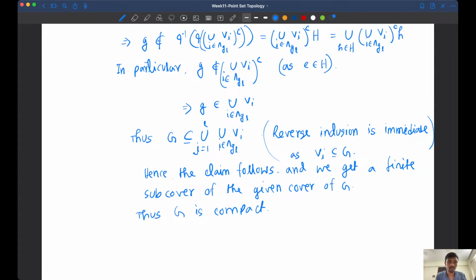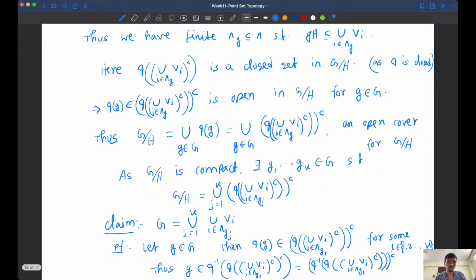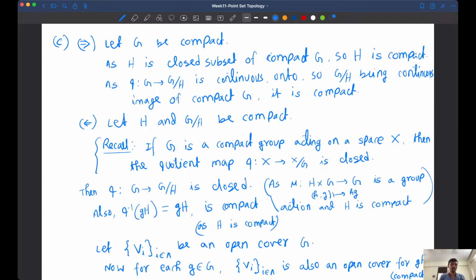So again, just recall what we did. We started with H and G mod H being compact. Then using the compactness of H, we claimed that the quotient map G to G mod H is closed.